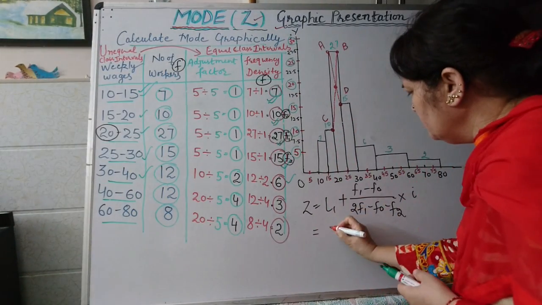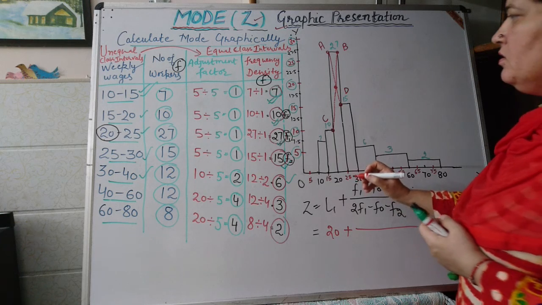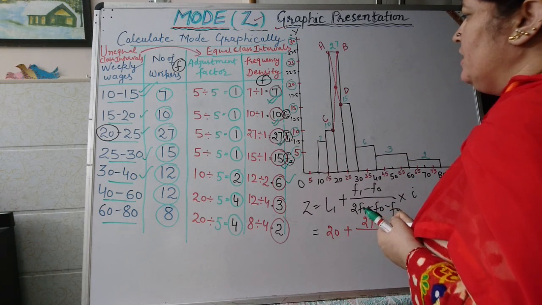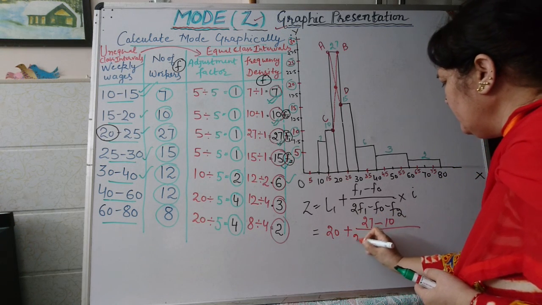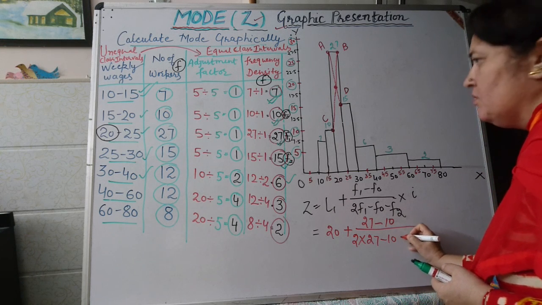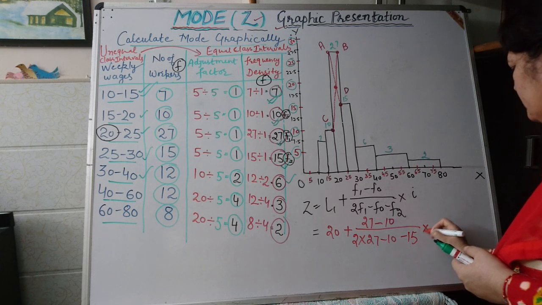Z is equal to 20 plus F1 which is 27, minus F0 which is 10, divided by 2 multiplied by F1, 27, minus 10 minus 15, multiplied by equal class interval 5.